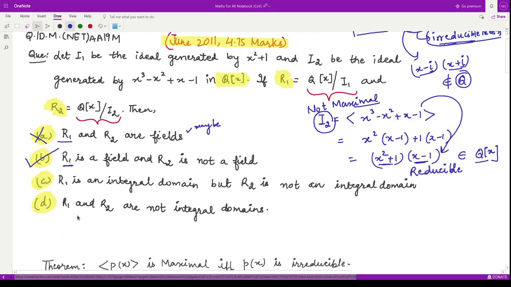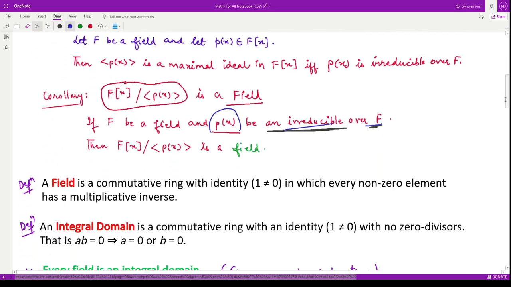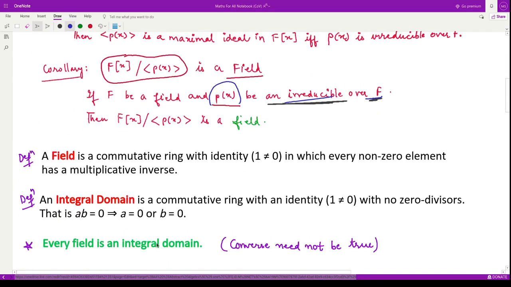Now, in order to check whether R1 and R2 are integral domains or not, we can have this result that every field is an integral domain. What is the definition of a field and how do a field and an integral domain differ from each other?